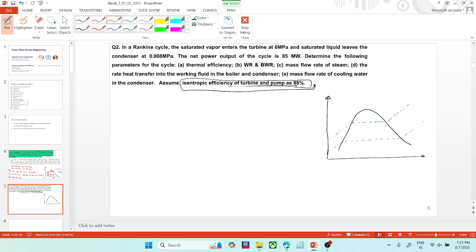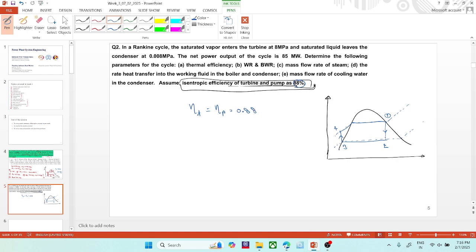So my initial cycle was this 1, 2, 3, and 4. This is turbine entry 1, this is 2, this is condenser exit 3, and this is the boiler entry 4. Now, they have said that the turbine and the pump efficiency is 0.88.